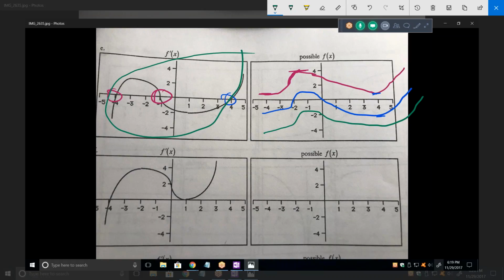I just don't know where it's at on the y-axis without further information. And that's why they say draw a possible f of x, not the f of x, because we don't know the f of x. If they gave us an initial condition, we'd be able to place it vertically on that axis. But at this point, all we can do is draw a shape.